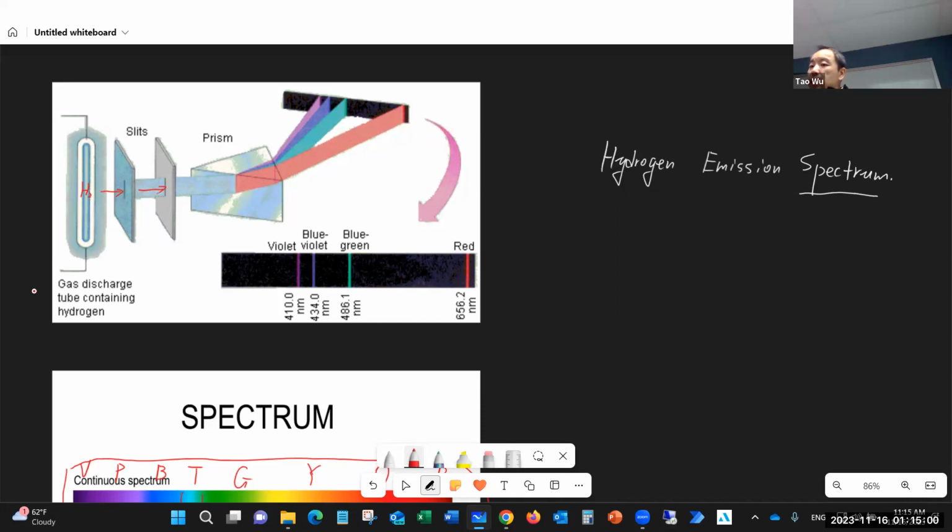It's not exactly the continuous spectrum. It's a discontinuous spectrum, so we give this spectrum a special name. We call this a line spectrum.